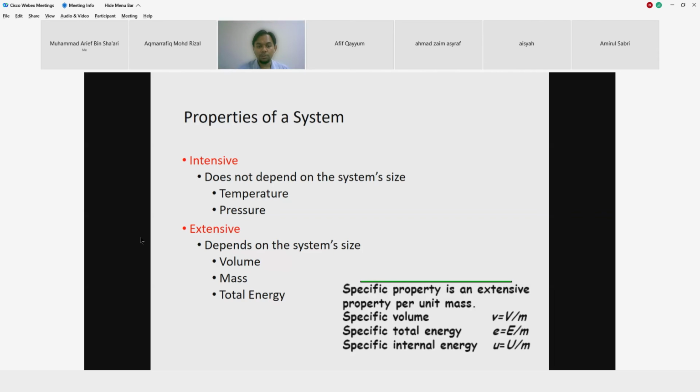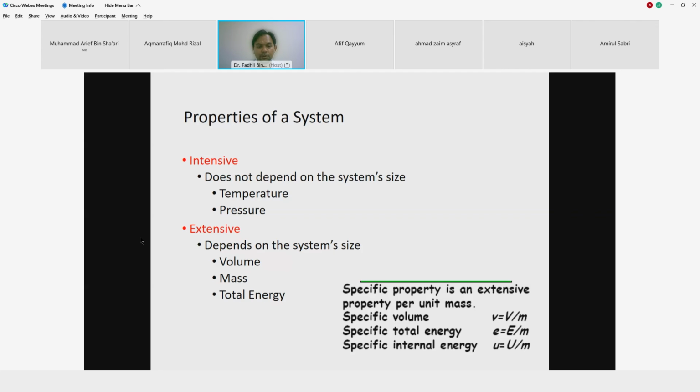What happened to the volume? From 10 meter cube down to 5 meter cube each. What happened to the total energy? Of course, it becomes half. 100 kilojoule now becomes 50 kilojoule each. But all of these properties, mass, volume, and total energy, depend on the size of the system.